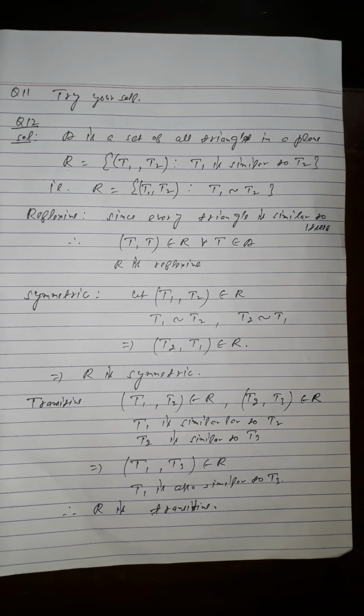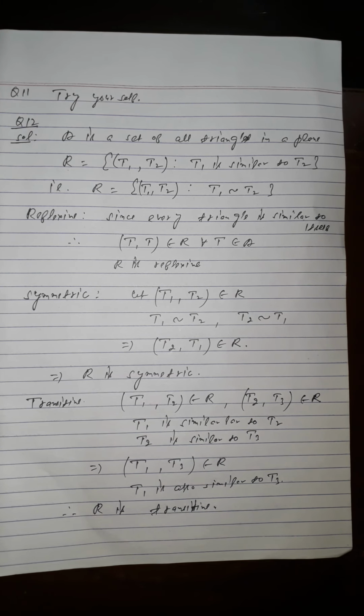So I have discussed up to question number 10. If you read the statement of question number 11, that is very simple students. Now I am going to start with question number 12. Show that the relation R defined in the set A of all triangles, that is R is equal to (T1, T2), that is T1 is similar to T2, is an equivalence relation.